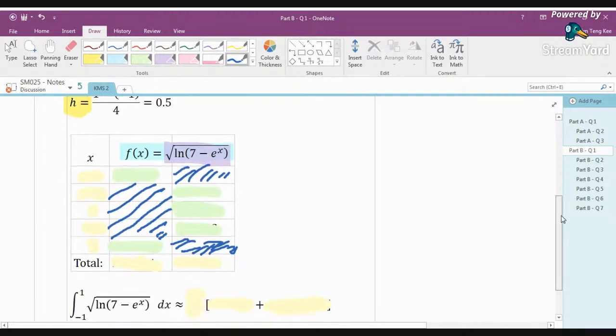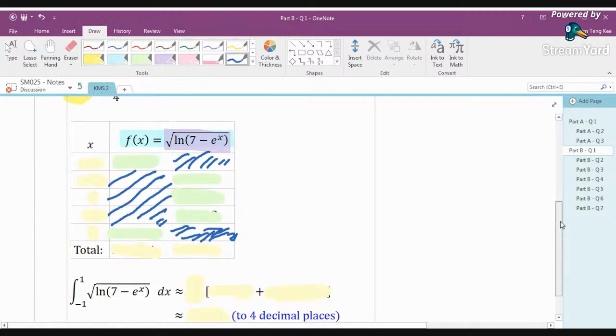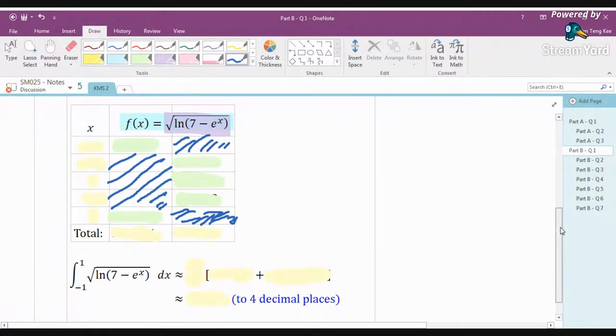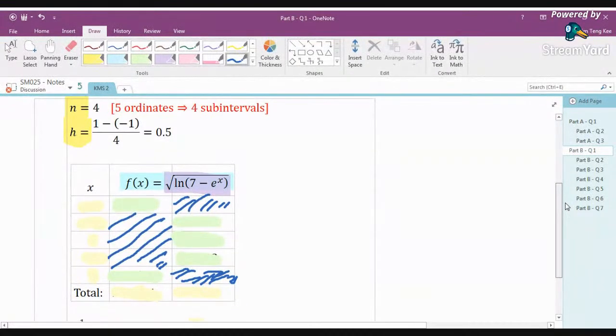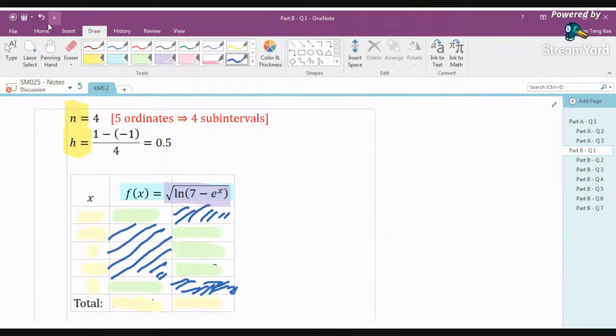By the way, this table can actually be obtained from the calculator's table function, but here we're not going to discuss that. Let's see our x values. We start from the smallest value in our integral, which is minus 1.